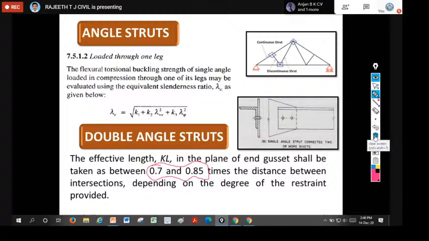Similarly, you can calculate lambda as KL by r minimum, which is similar to the other compression members, such as I sections. In the same way you can calculate for a double angle strut, whereas a single angle strut is different, where lambda e should be calculated. So this is the point you should remember for a double angle strut: the effective length should be 0.70 to 0.85.